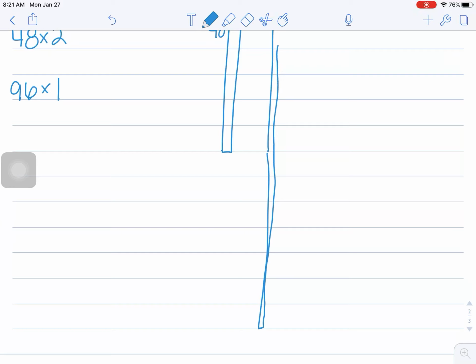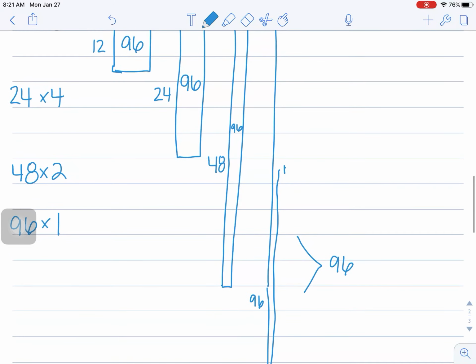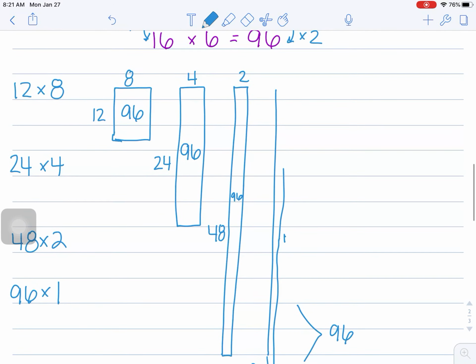I'm having a hard time making this straight. This would be your 1 and your 96, which would obviously give you a product of 96, right? Okay, so here we go, and I can go up.